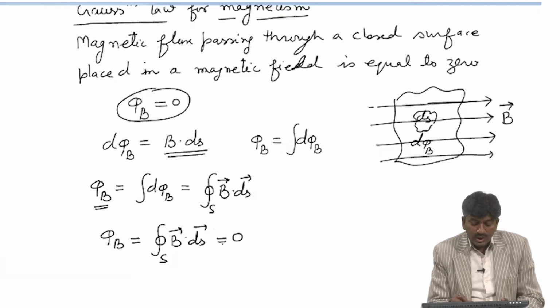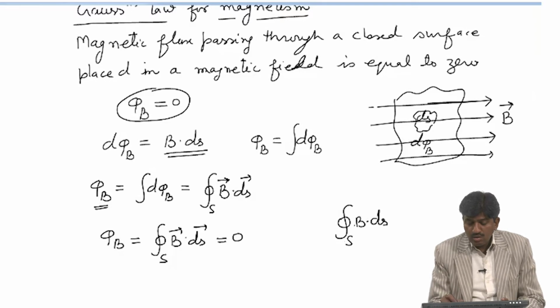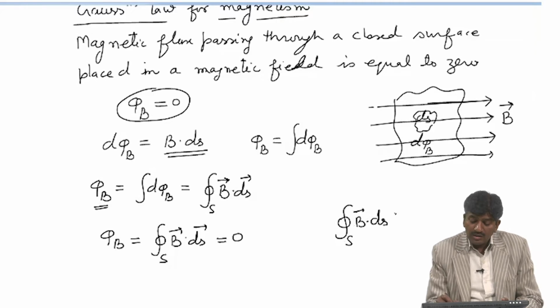And now we know that the surface integration of magnetic field should be equal to the volume integration of divergence of magnetic field.